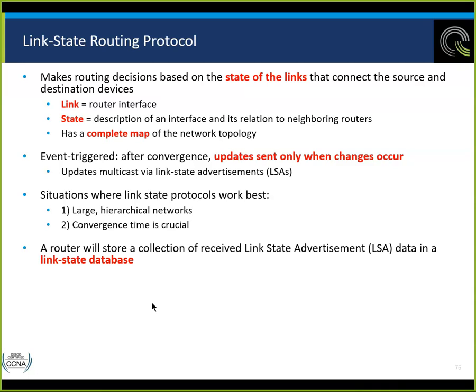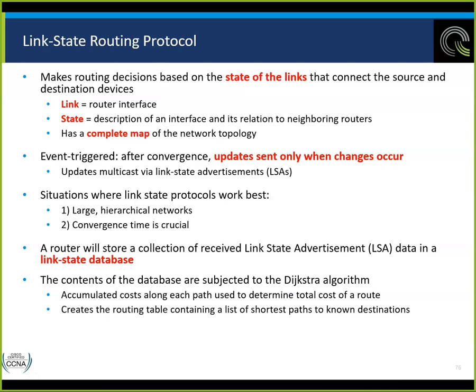A router will store a collection of received link state announcements data in the link state database to do these things, and then the contents of the database are used in the calculation of the Dijkstra algorithm. And that's a term you may want to kind of tuck away someplace.